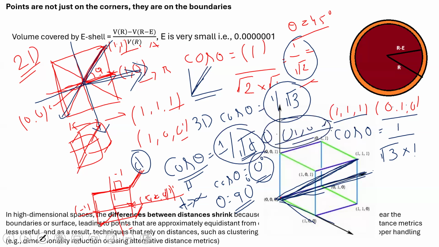Even if it is a minute value, it is close to 90 degrees, right? When it is coming close to zero, we are coming close to 90 degrees. When it is not zero, we are somewhere around 89.9999 or something, close to 90 degrees. So all the diagonal axes in the higher dimensions will be close to 90 degrees.